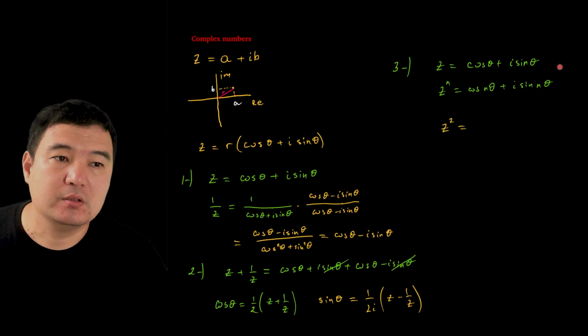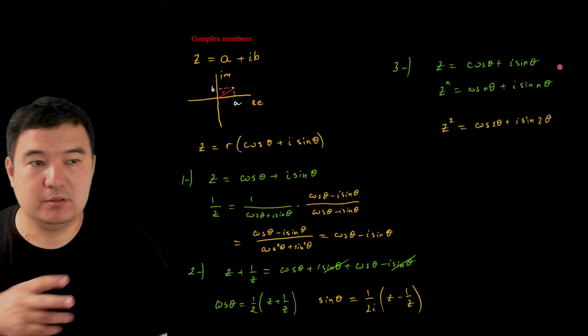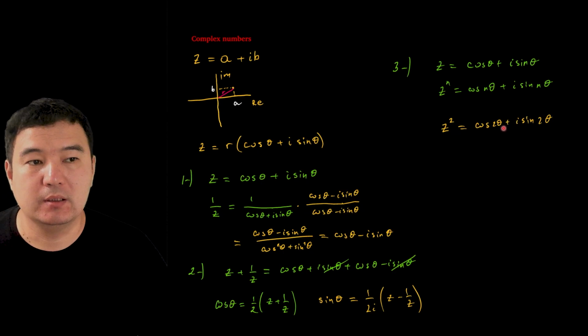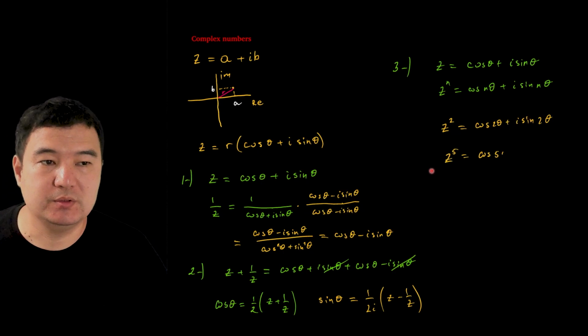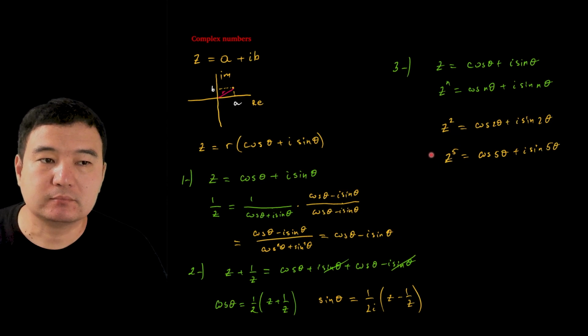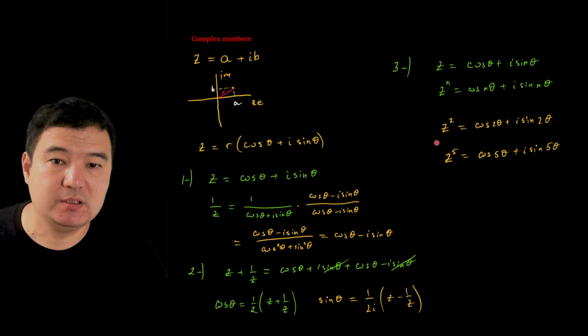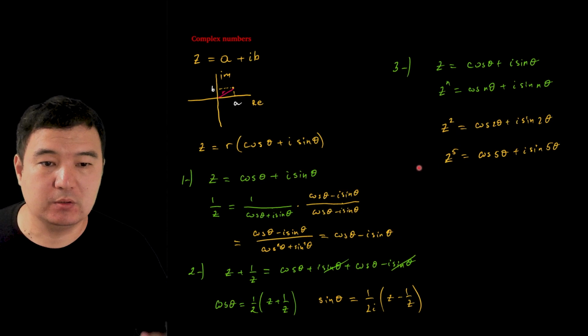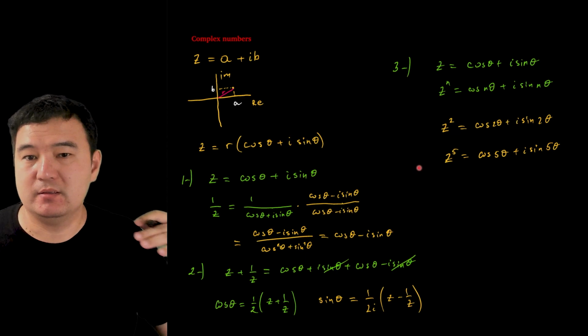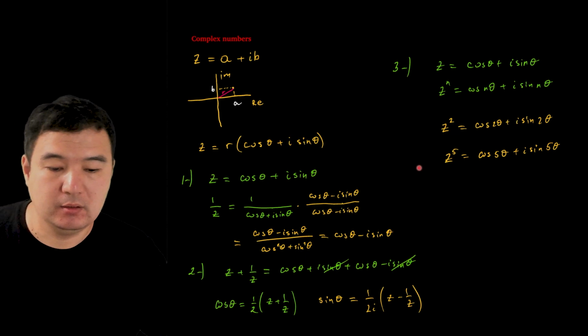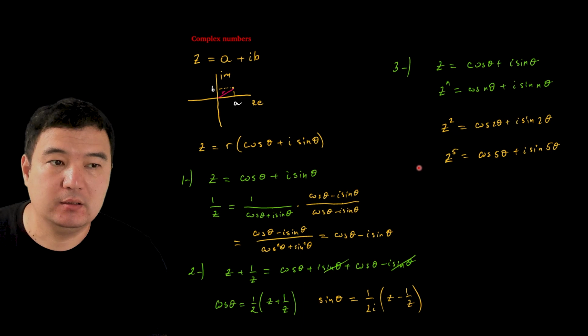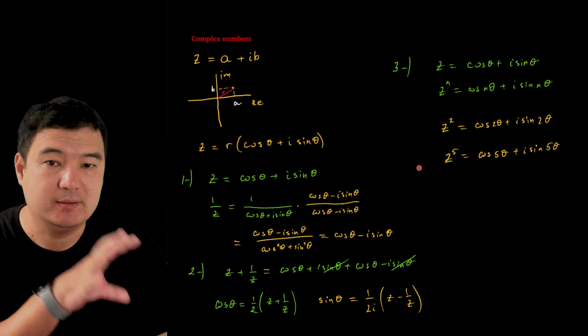In other words, if you do the square, it's just 2 theta here and 2 theta here. Or if you want z to the power 5, this simplifies our work. Powers of z are straightforward: just multiply the angles inside the arguments of the cosine and sine.